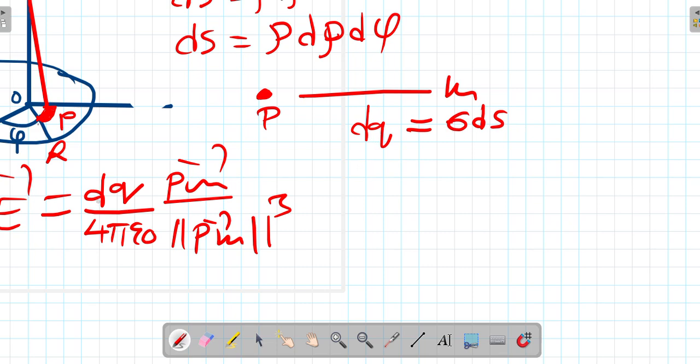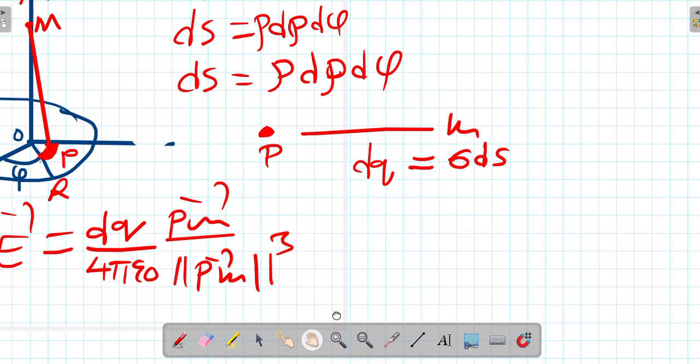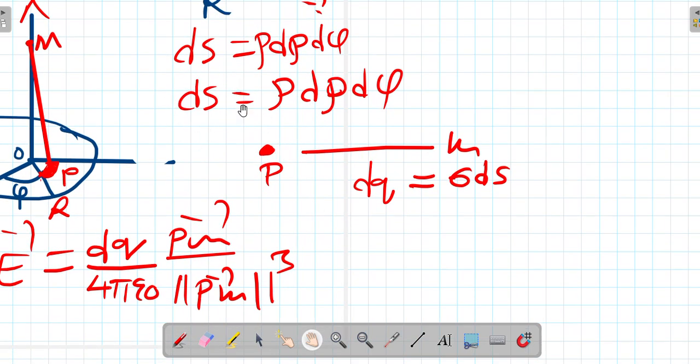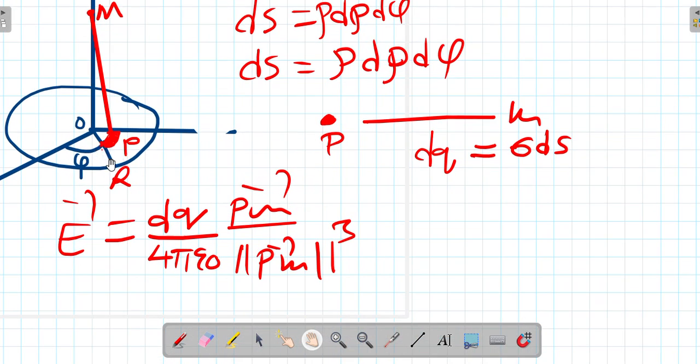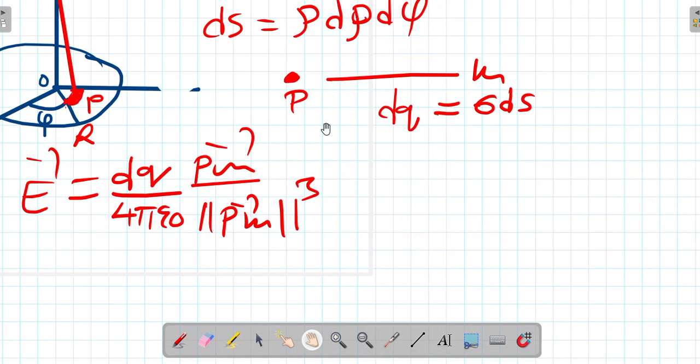This is why we had to find ds at the beginning, and this is how we find ds in cylindrical coordinate systems: you multiply the parameters, rho, d rho, d phi. I don't think it will be difficult for you to memorize this one. I just tried to show some people how this comes about, but it can be confusing to some people at the moment.